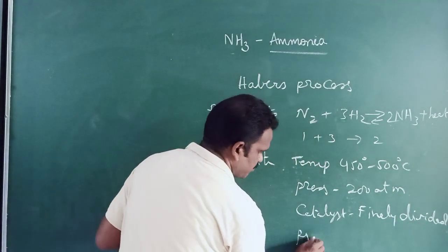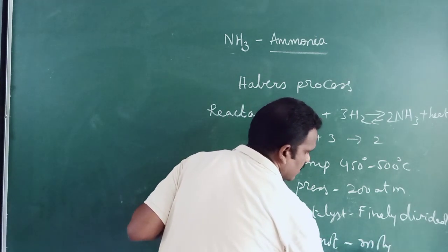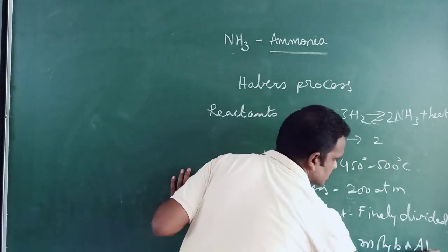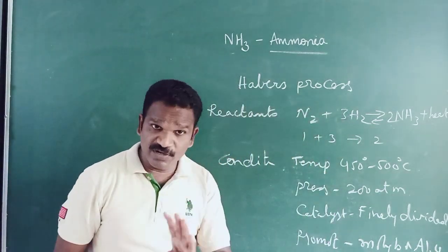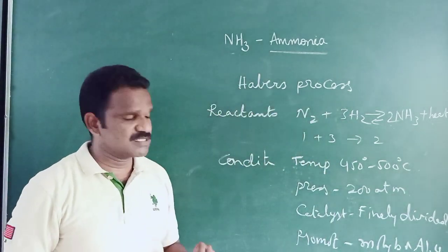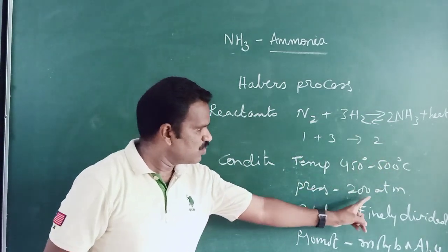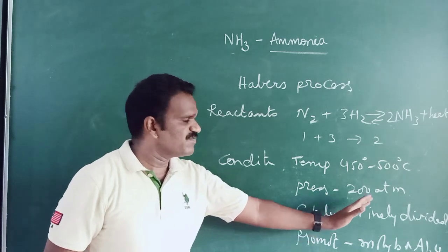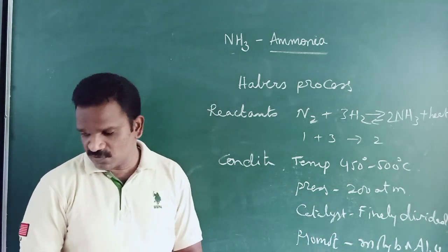And promoter, we use either molybdenum or Al2O3. These are the conditions we have to keep in mind. We have 4 conditions in the Haber's process. One is 450 to 500 degrees centigrade. Second, 200 atmospheric pressure. Catalyst, finely divided iron. And promoter, molybdenum or Al2O3.